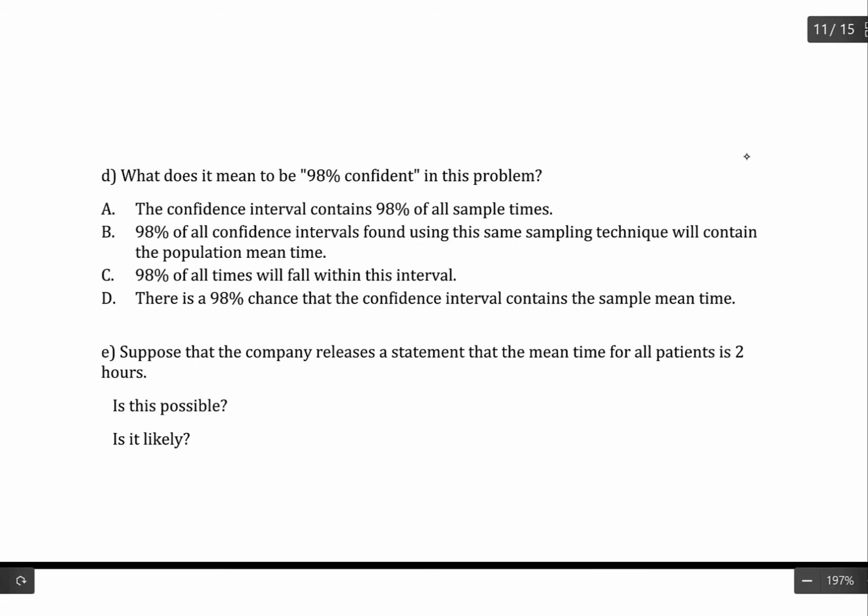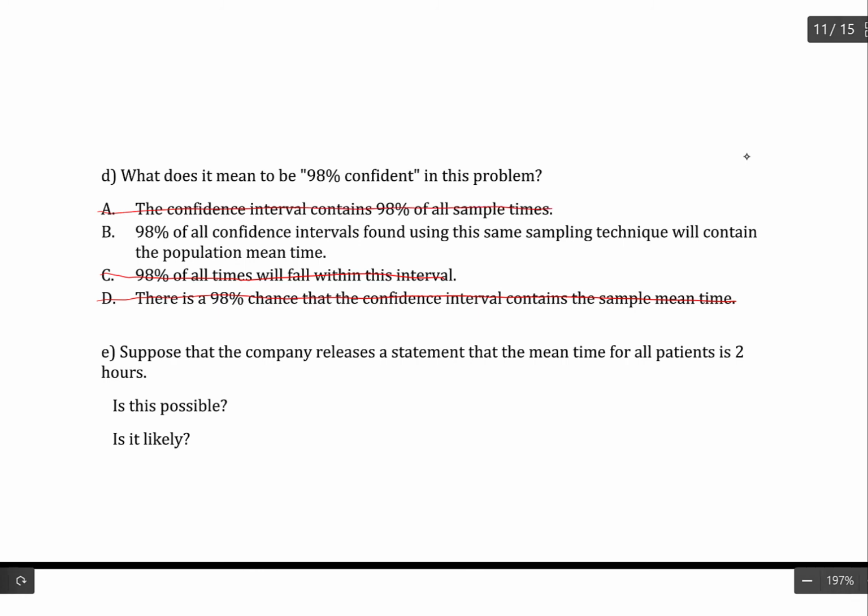So the thing that you have to separate yourself when it comes to confidence intervals is you're not really calculating probabilities. So there's really not the idea of chance here. So we can sort of throw that out just because of that. 98% of all times will fall within this interval. That's sort of basically a probability. So that's thrown out as well. The confidence interval contains 98% of all sample times. That's not really necessarily true either.